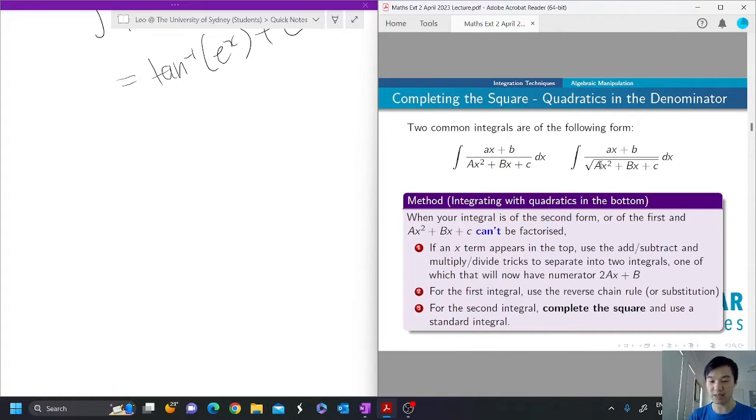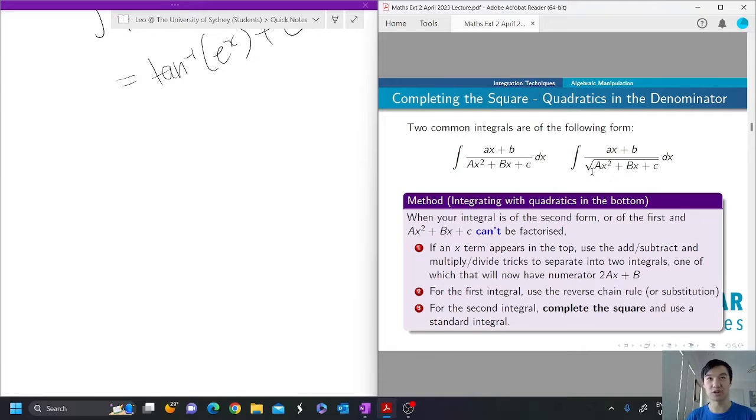The trick is you want to use the adding and subtracting algebraic manipulation trick to get the top to resemble the bottom, and afterwards split the fraction like what we did earlier.